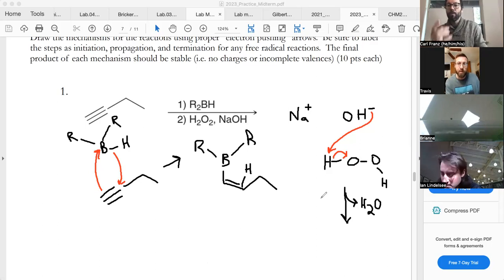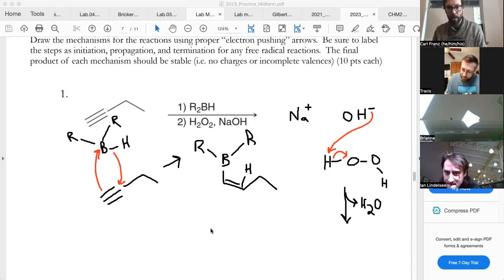Or no? No, but now we have a radical, right? A peroxide radical. Oh. And let's scroll down a little bit.